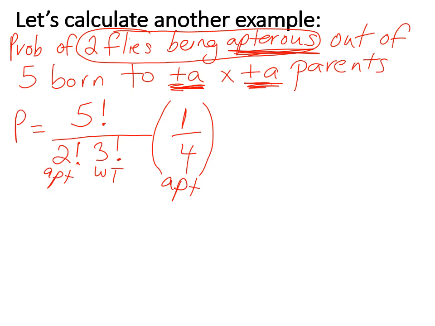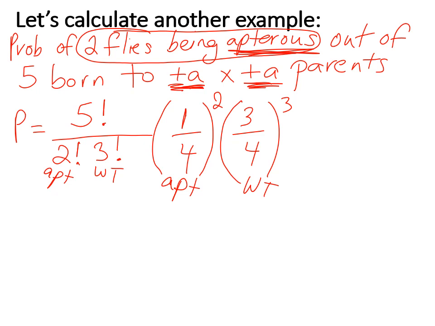How many do you want? You want 2 apterous. Then you move on to your next option, which is wild type. And again, I always write the options underneath them so that I know I'm not leaving anything out. What's the probability of wild type in that Punnett square? 3 out of 4 should be wild type. And how many wild type do you want? 3.